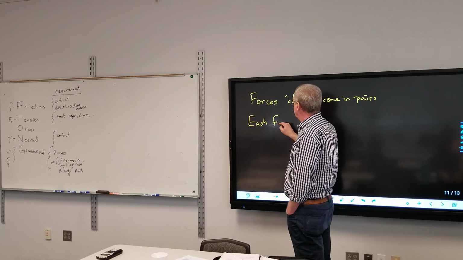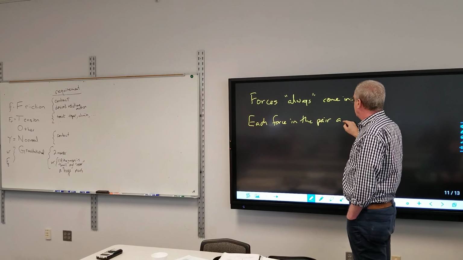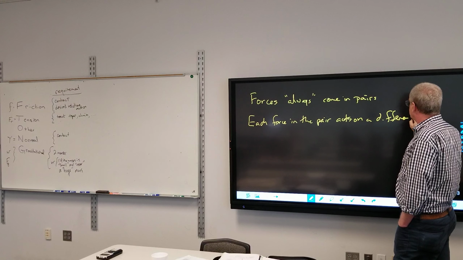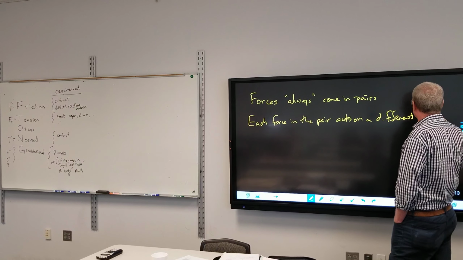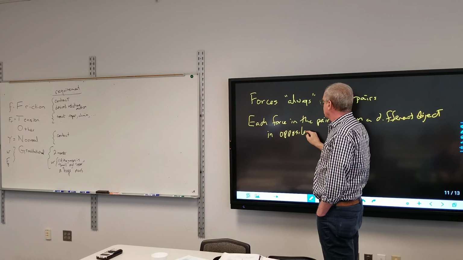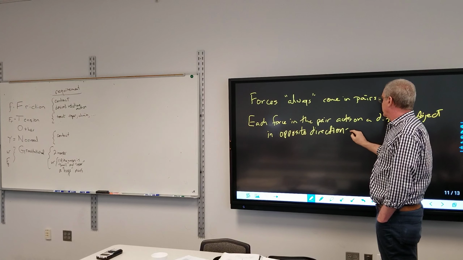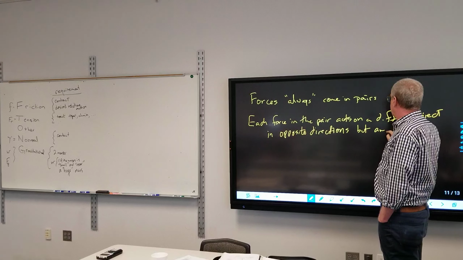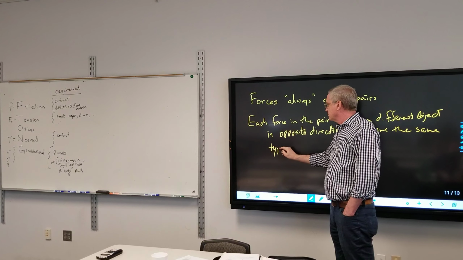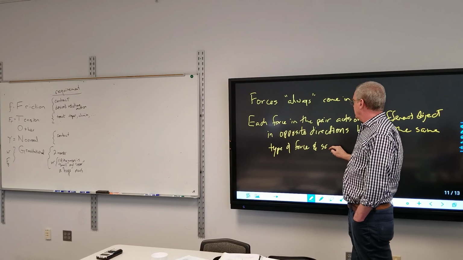Each force in that pair acts on a different object, in opposite directions, but they are the same type of force and the same magnitude of force.